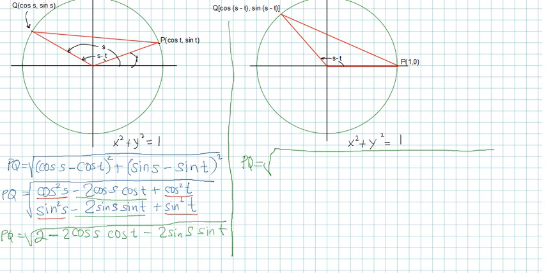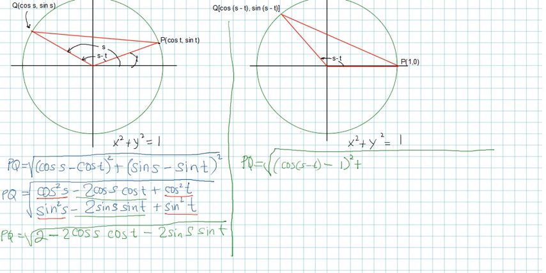So that's x1, cosine of s minus t, minus 1. So that's x2 minus x1 because x1 is 1. Okay, squared, plus the same thing on the other side, y2 minus y1 squared.